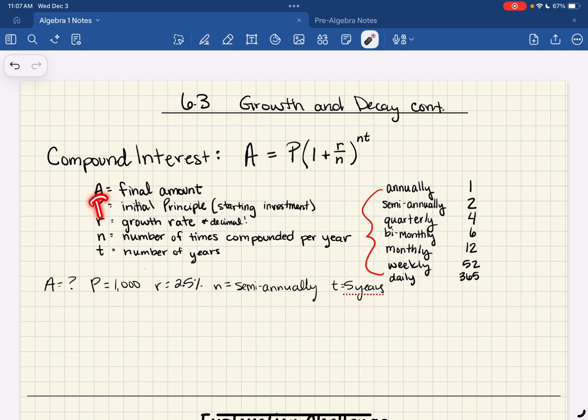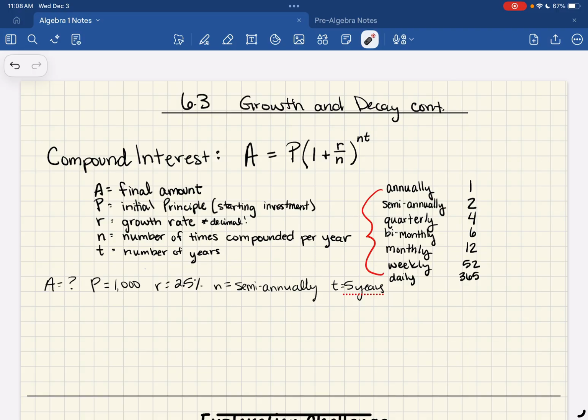We have a capital P, which is our principal, which I might have spelled incorrectly. The principal is our initial value. It's our starting investment, starting price, whatever we start with. Kind of like what our A was in our exponential functions.